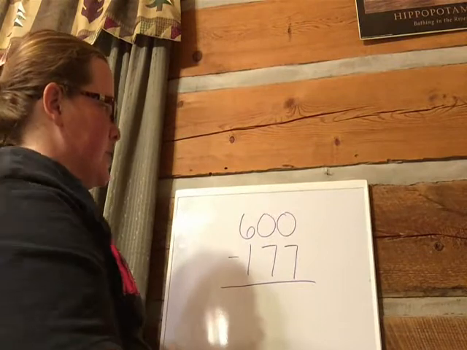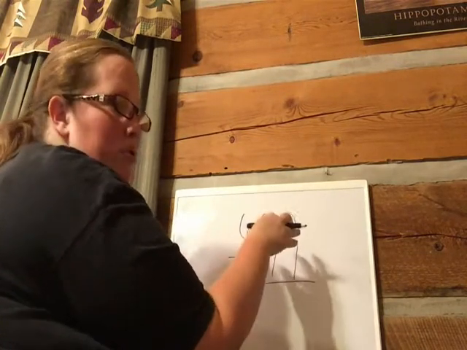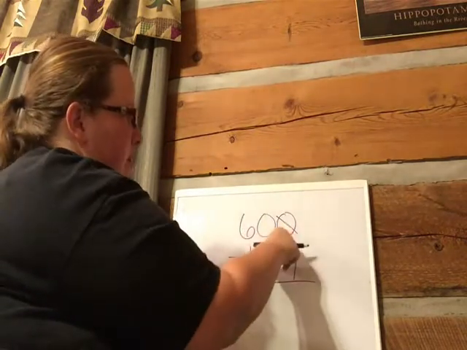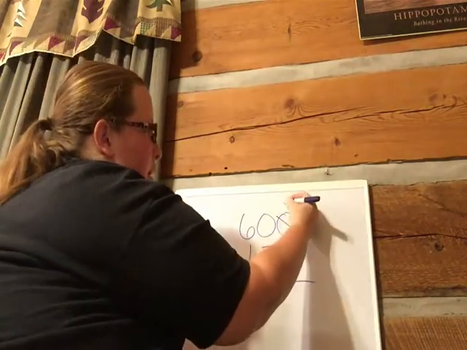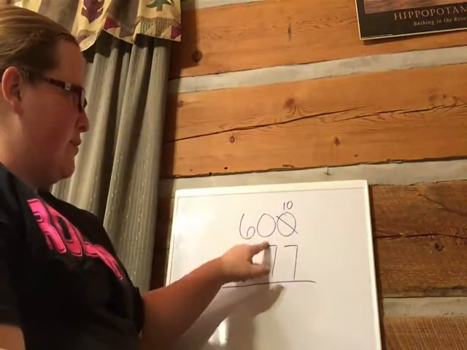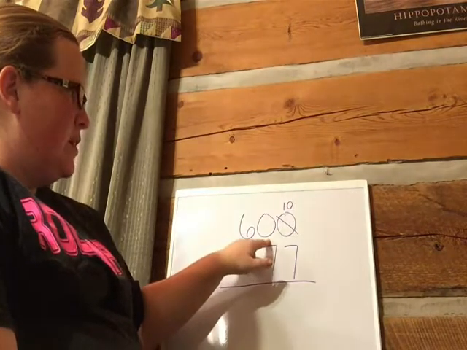Okay, so just like before, you're going to borrow 10 from over here. You're going to move 10 over, break 10 up into 10 ones instead. So you have 0 ones, you're adding 10 more, it's going to stay at 10. Now where'd you get that from though? You can't get it from here. That's a 0.